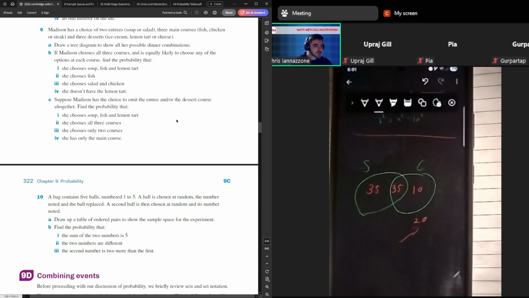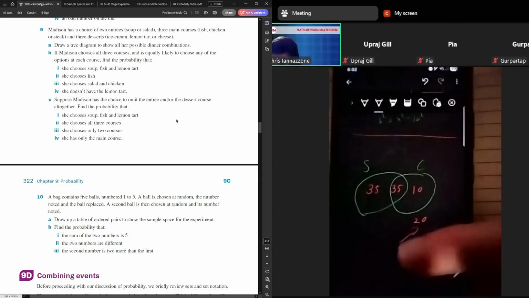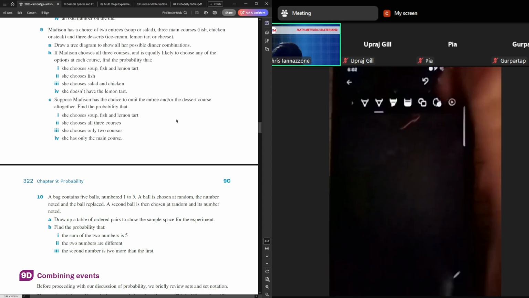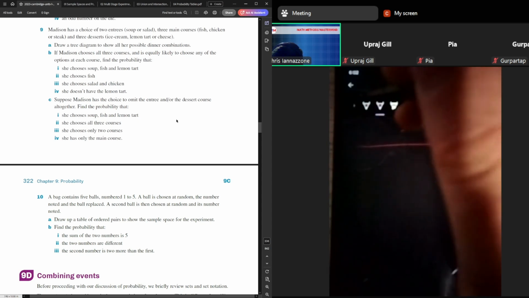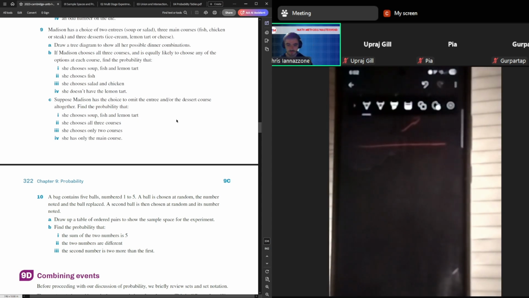Maybe the first thing we'll do is try to get the letters for the outcomes of our particular diagram going. So I'll let you have a think about that. Let me know how you might start it out.